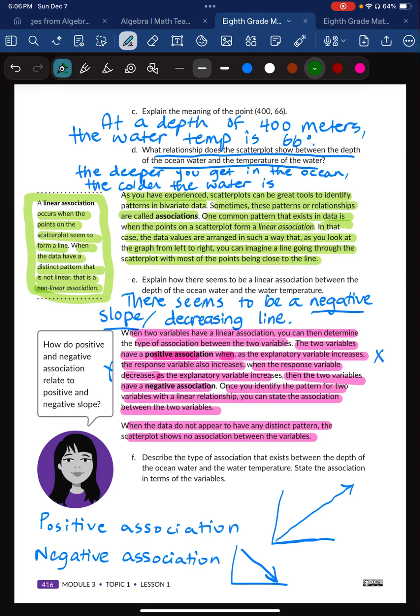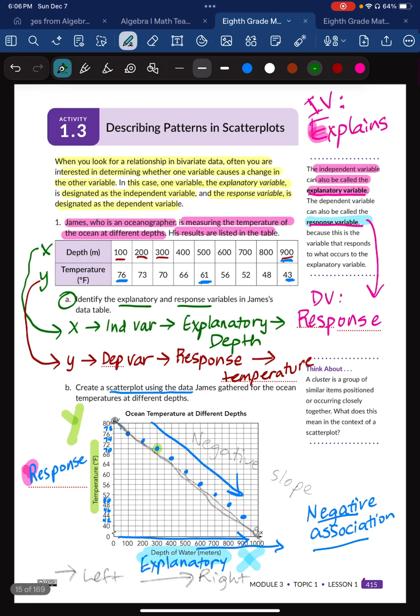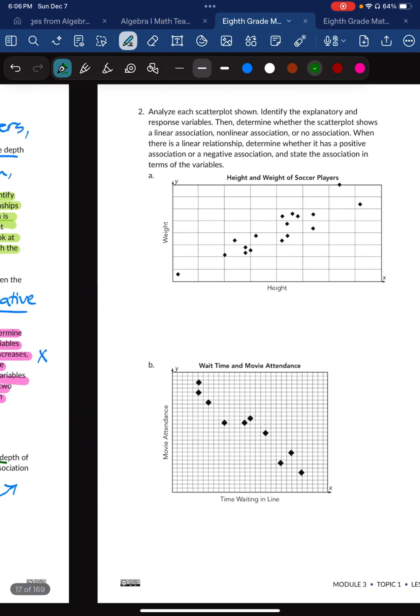And then no association, it would just be like if we plotted points and it looked like that. That would be no association. So we'll see some examples of that in a minute. The last question just says, what type of association exists between the depth of ocean water and the water temperature? And we already said that it was a negative association.